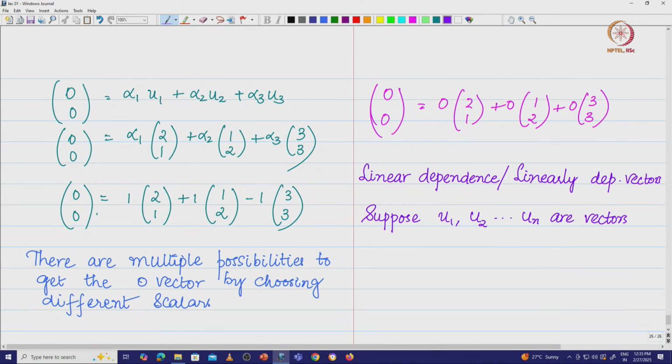and alpha 1, alpha 2 etc. alpha n are scalars, not all zeros.